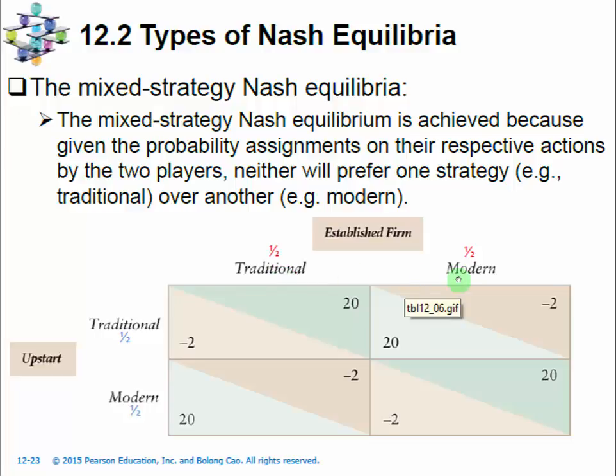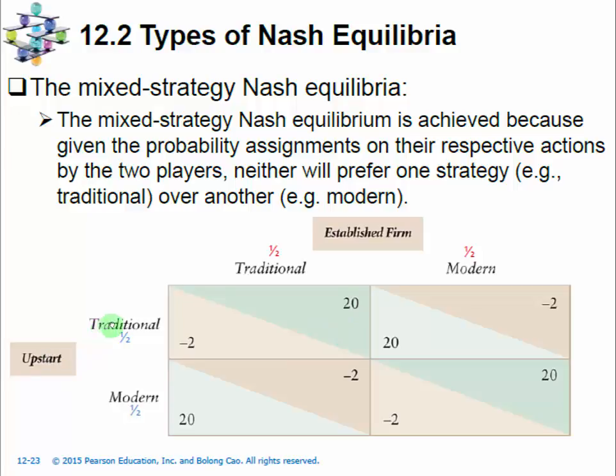To see how to calculate this probability, you need to check out the appendix in this chapter. But that is not our focus here. Our focus is to understand why the mixed strategy can produce a Nash equilibrium. Why, when the two firms choose a 1/2 probability to play either strategy, can they achieve a Nash equilibrium?